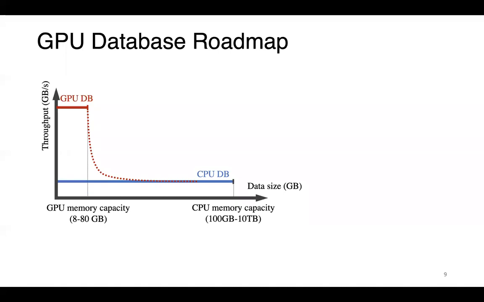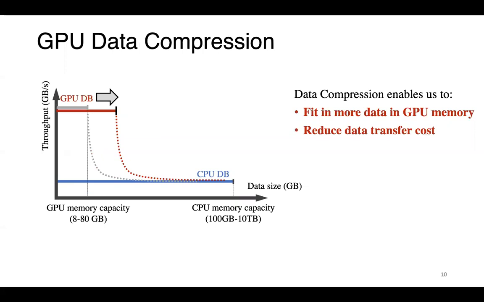Our goal here is to extend the inflection point as far as possible by using data compression, since it can enable us to fit more data in GPU memory. Data compression will also reduce data transfer cost from CPU to GPU, since we can transfer the compressed data instead of the original data.